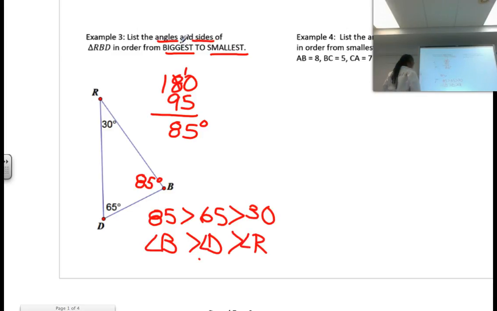It's kind of complicated because you have angles and greater than symbols. So now, this is our largest angle. Our largest angle is always going to be opposite our longest side.